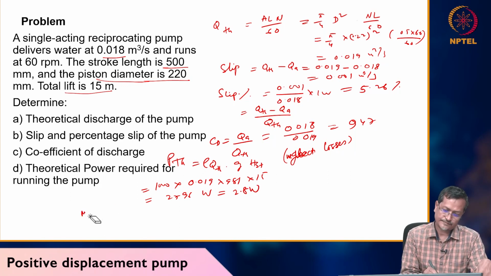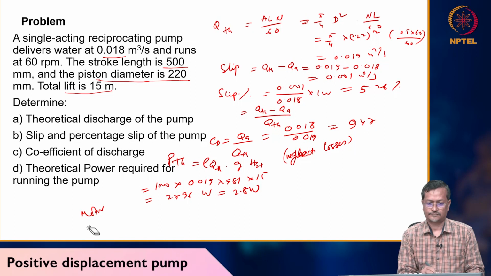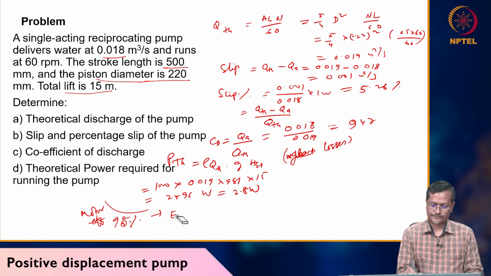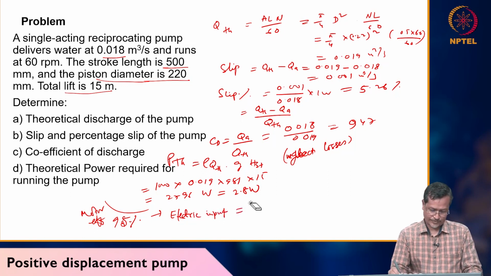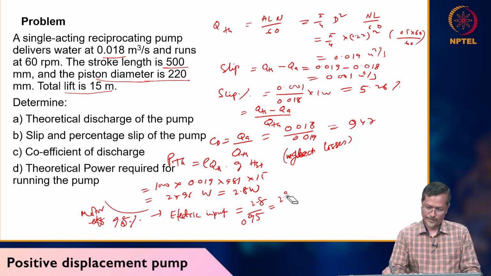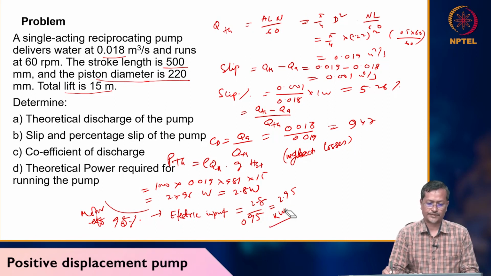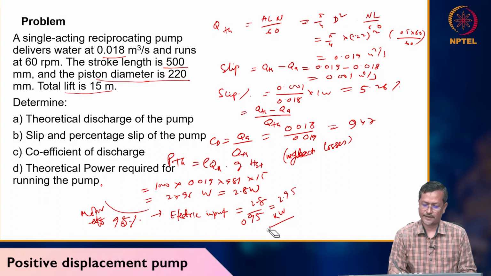So motor efficiency, if motor efficiency is 95%, then electric input equals 2.8 divided by 0.95 equals 2.95 kilowatt. Okay, so theoretical power output running the pump. Okay, electrical input also we got.